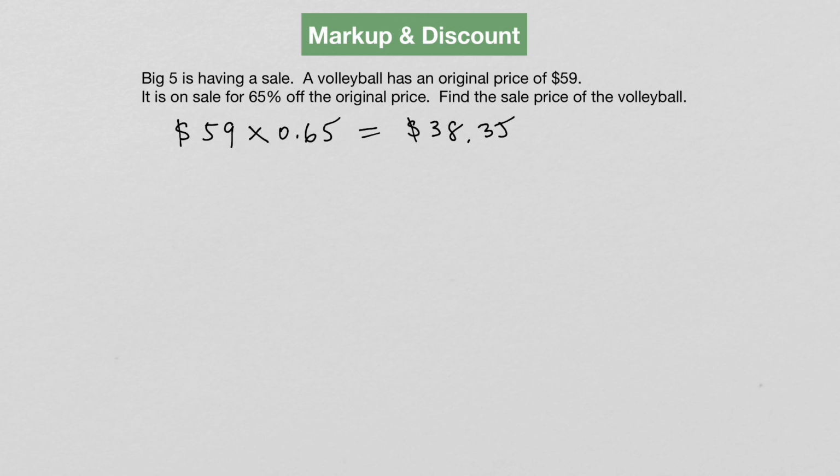Okay, so this $38.35 represents how much the price has been reduced. Okay, so then the second step is to take $59 and subtract $38.35.